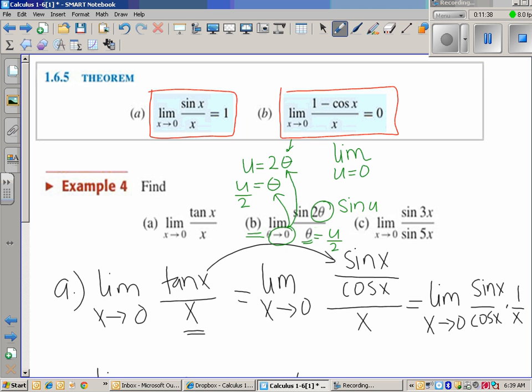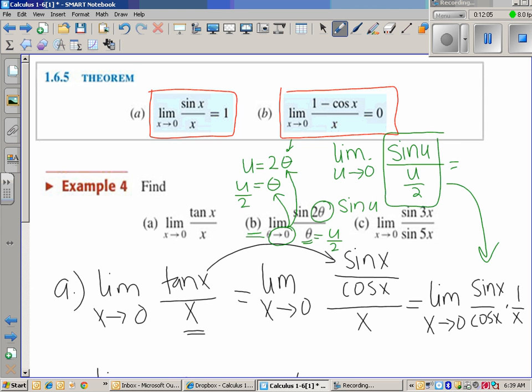So the limit as u goes to 0, remember we're changing this, the sine of u we substituted to u over 2. And we say, well, that doesn't look any better yet. Because now I'm going to rewrite this fraction utilizing the same techniques that I used here.